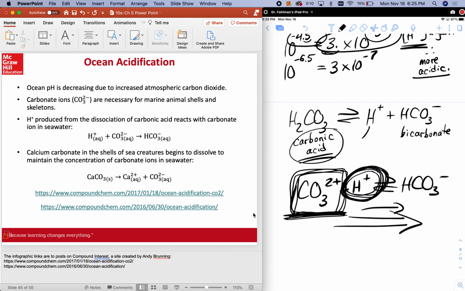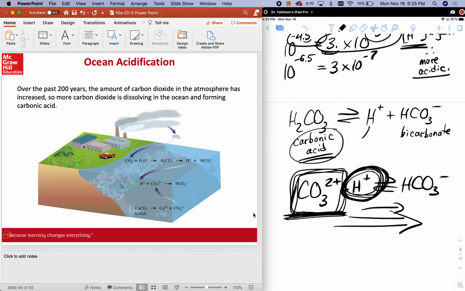All right, so these are the equilibria that are all involved. We've got CO2 from, we'll just say smokestacks here, or cars. And that reacts with water to give you carbonic acid, and then you've got protons. These protons then react with carbonate that forms this bicarbonate.